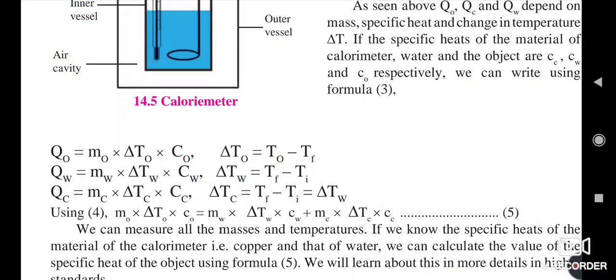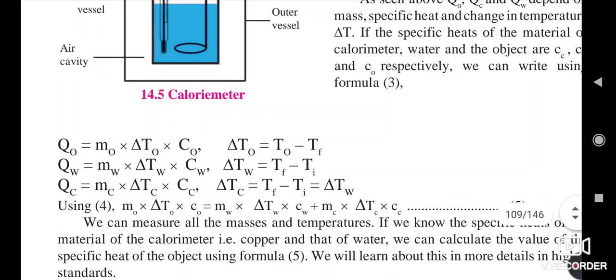The delta temperature of the object is equal to the initial temperature of the object minus the final temperature. So here we got the formula: QO, the amount of heat of the object, is equal to the mass of the object into the change in the temperature of the object into the specific heat of the calorimeter.